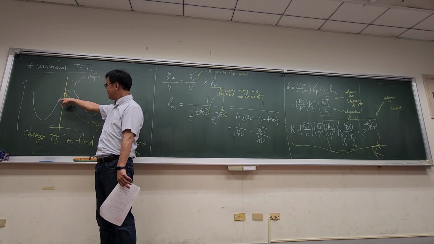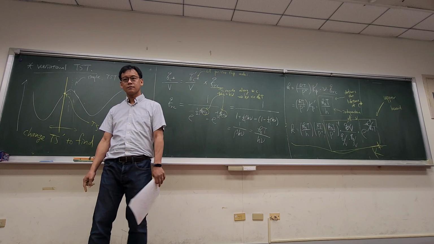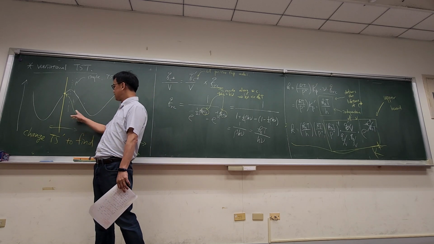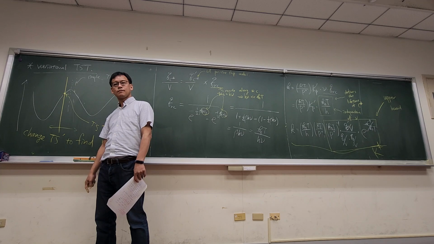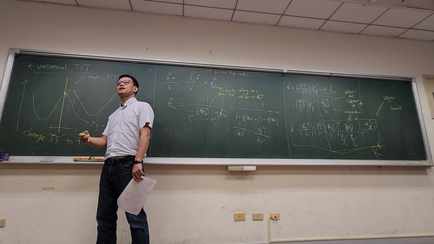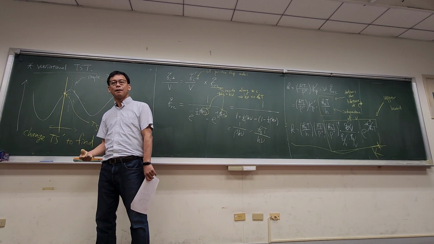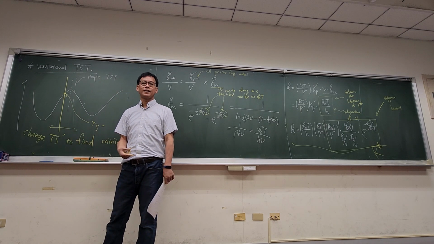It's somewhere here. So suppose we scan the entire path from the saddle point all the way to the bottom, and we find a k that matches the experimental result? Not really matches, but you can find a k that's minimum. And that's the best case predicted by this theory.